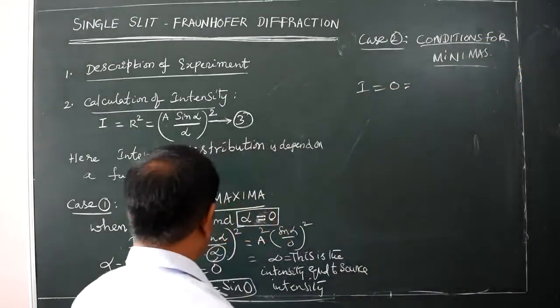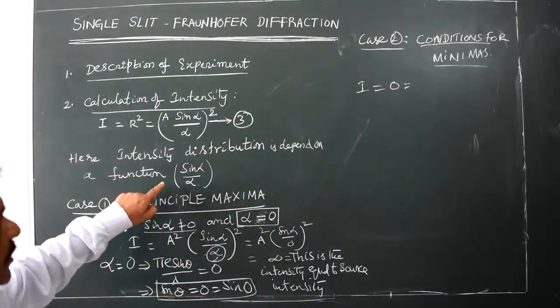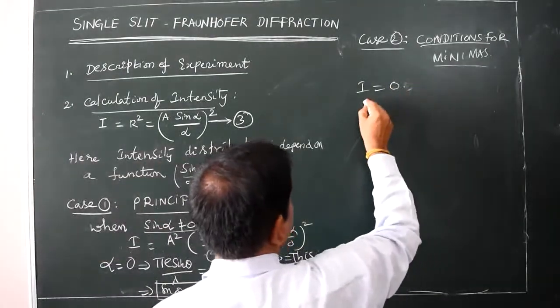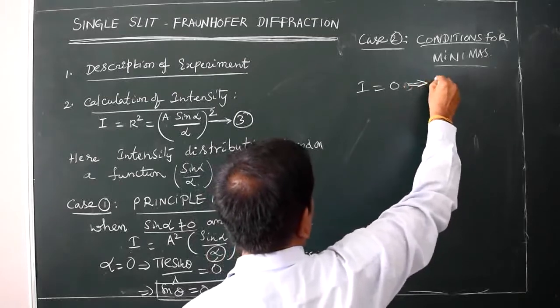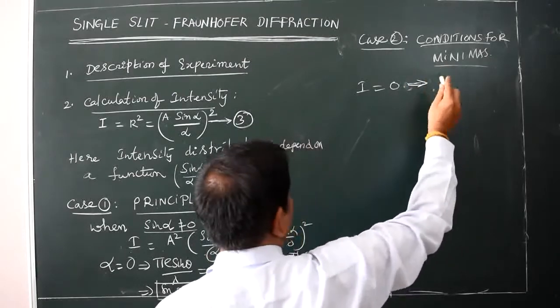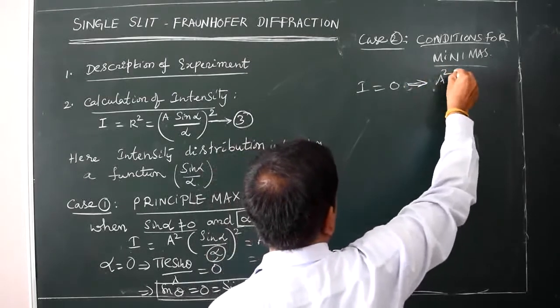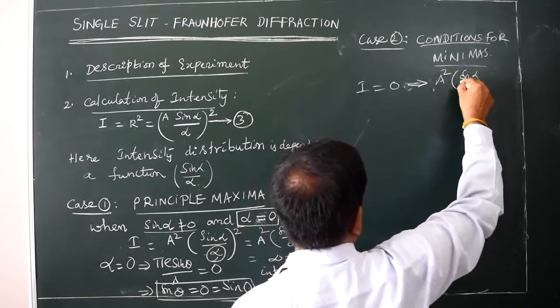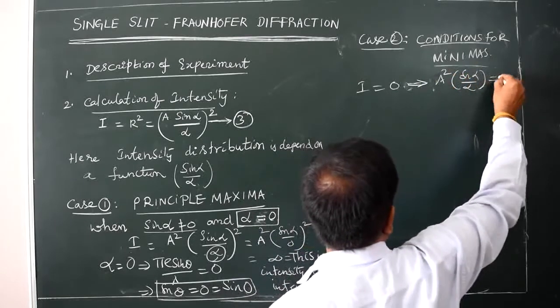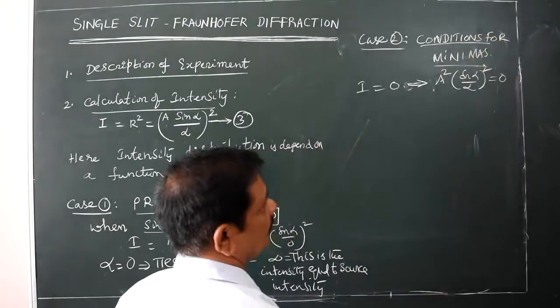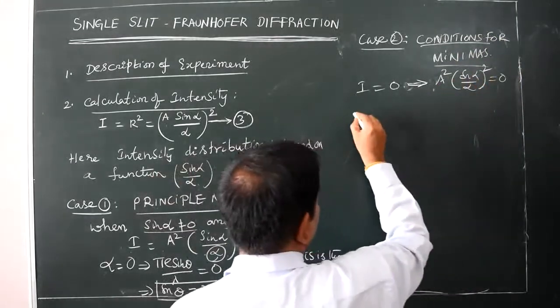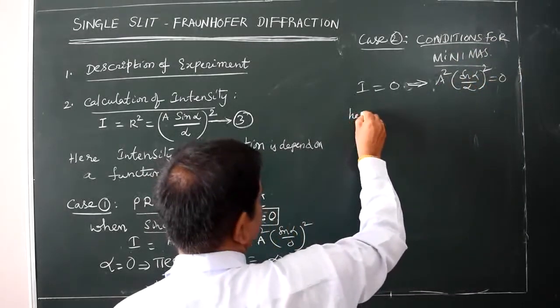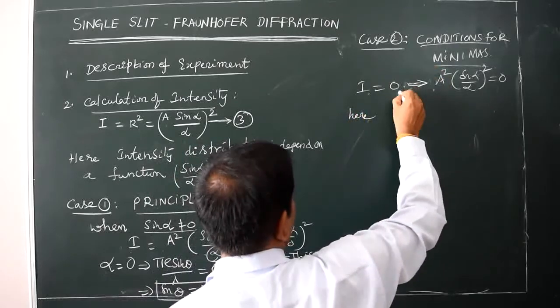When the intensity is equal to 0, in this equation I is equal to a square (sin alpha by alpha) square, which should equal 0. What condition should be satisfied to get I equal to 0?